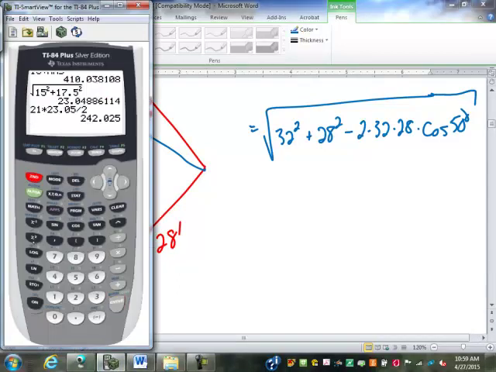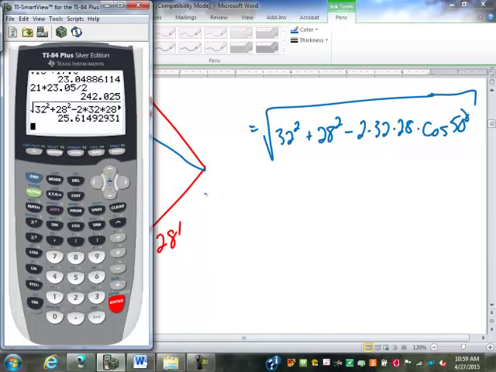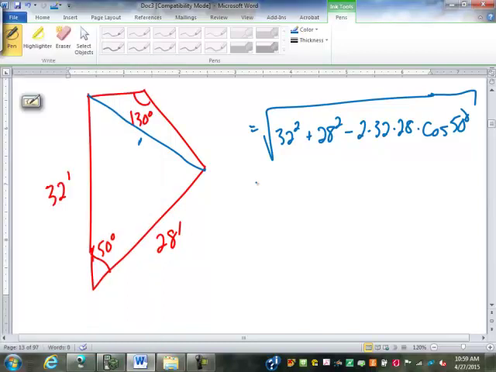Second, square root 32 squared plus 28 squared minus 2 times 32 times 28 times cosine 50. 25.61 feet.